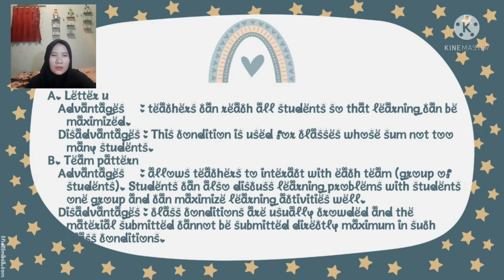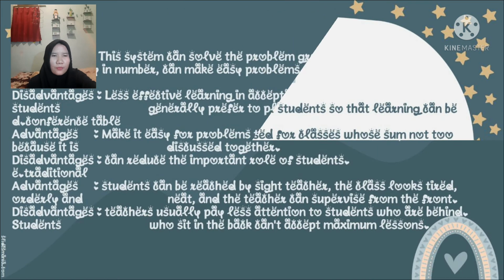The second, team pattern. The advantage: it allows the teacher to interact with each team, each group of students. The students can also discuss learning problems with students in one group and can maximize learning activities well. Disadvantage: class conditions are usually crowded and the material cannot be delivered directly to maximum effect in such class conditions.